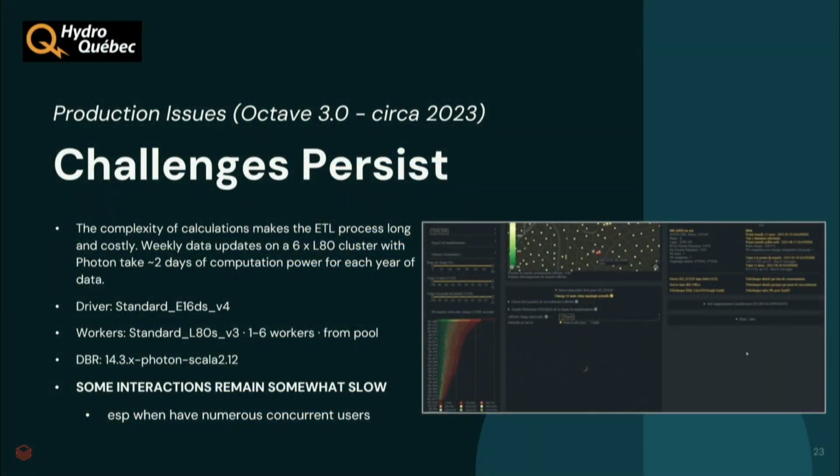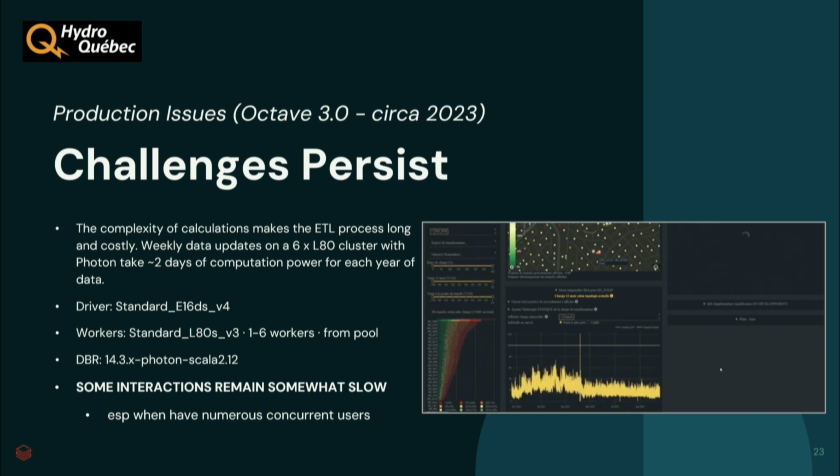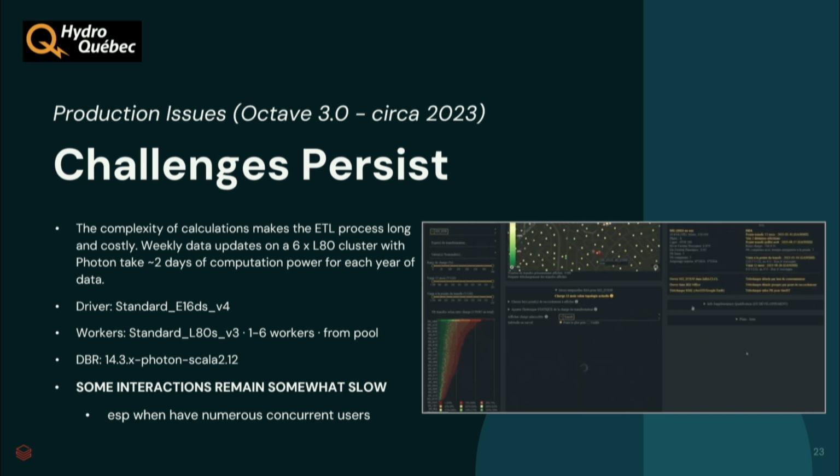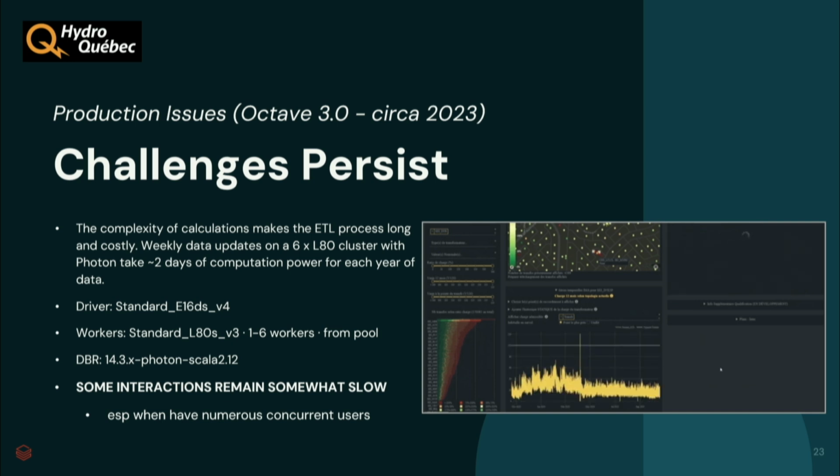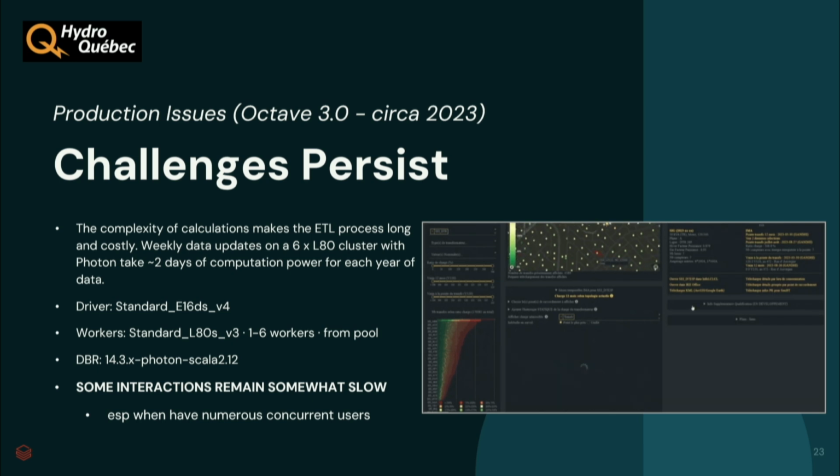So the challenges that persist, one is the fact that despite some of these optimizations that they did from a standard standpoint, the interactions were slow. And they're compounded by the fact that there's more users, right? More users who are using this thing concurrently with more data. So if you train your eye on the right, this is actually like a 7-second, 8-second lag, right?